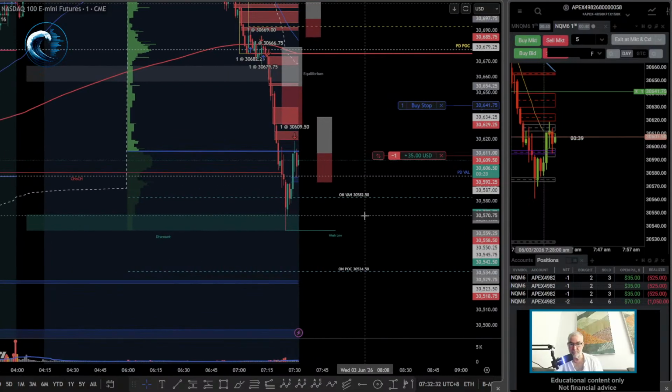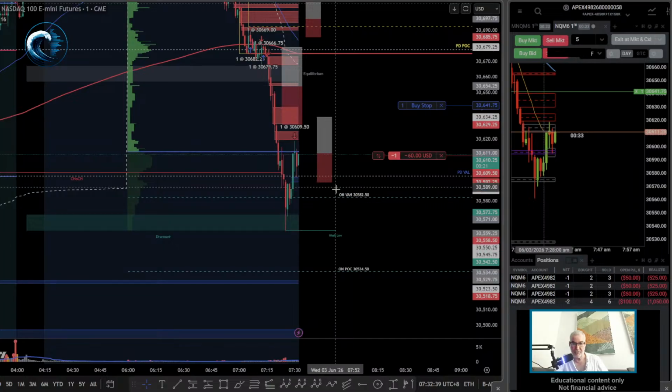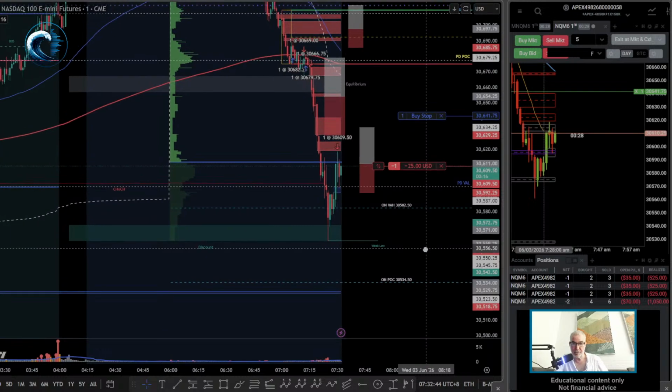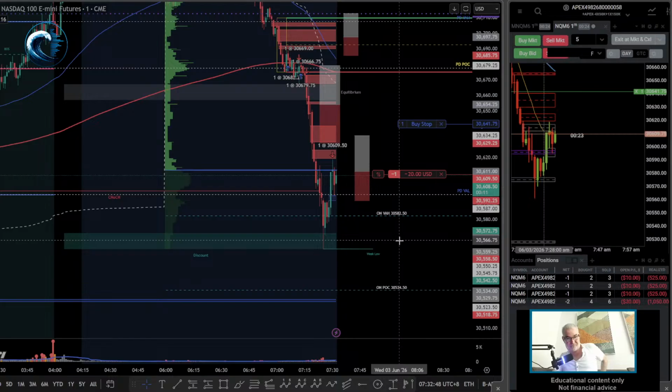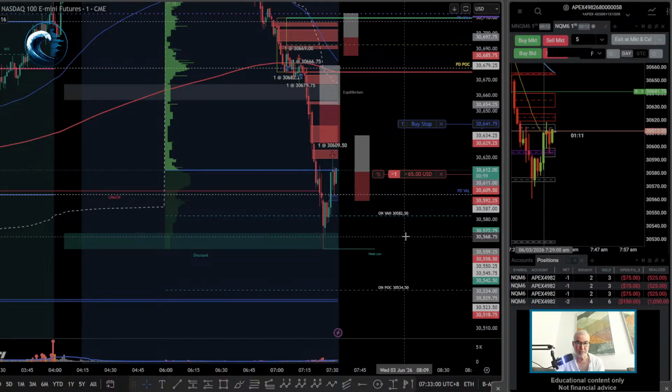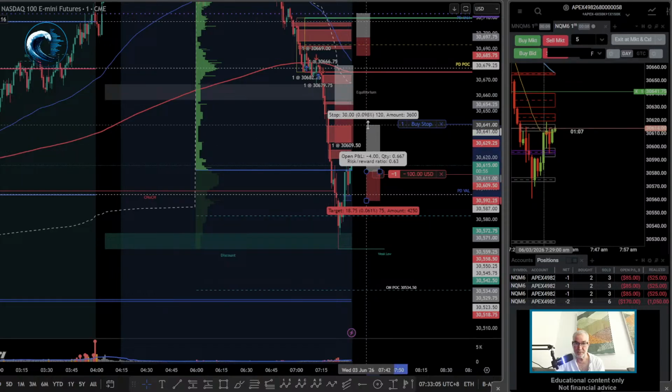So overall, I'm still bearish. Even if I lose this trade, I'm still bearish because I think it'll still want to come down and claim or sweep this area. I just don't know if I'm on the right side at the right time. $6.41. So I've got a bit of risk on this.